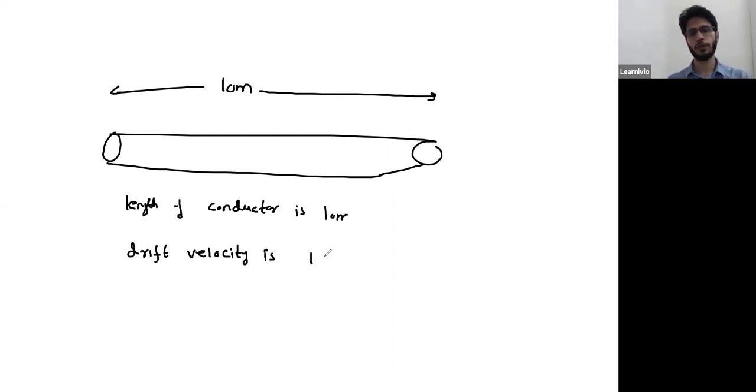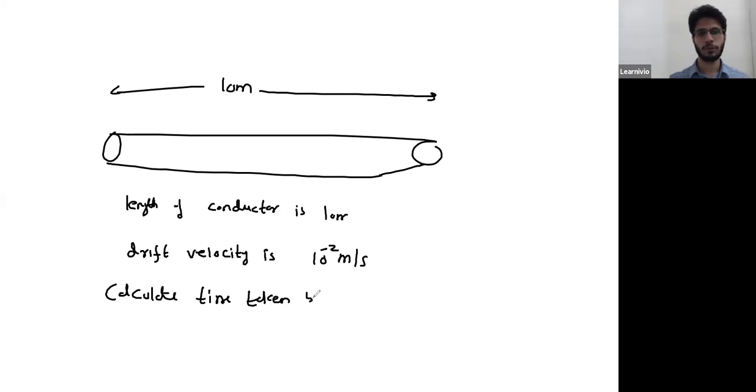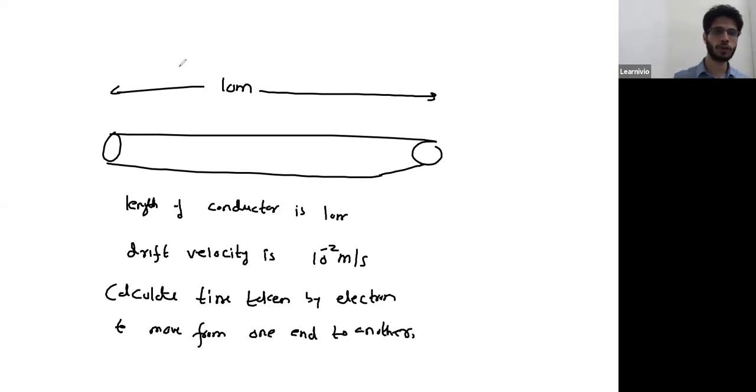Let's say drift velocity is 10 raised to the power minus 2 meter per second. Calculate the time taken by the electron to move from one end to another. Solve this question and report your answer in the chat room.